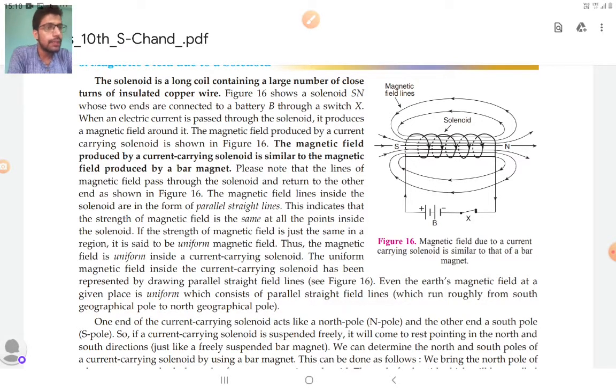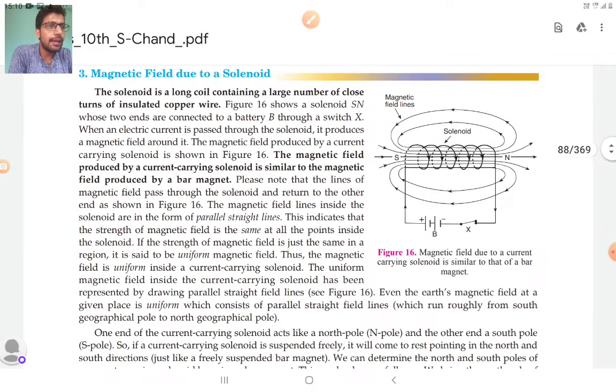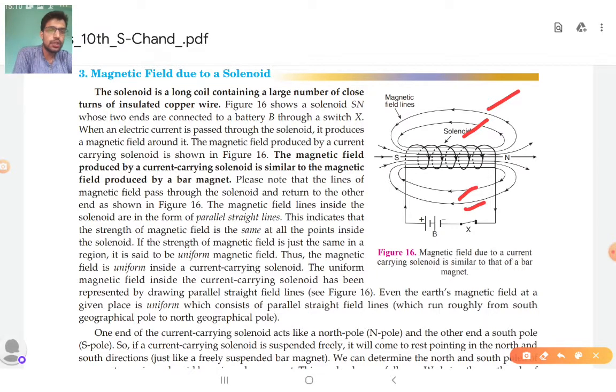We can see here there is a large gap between these magnetic field lines. It means that there is less magnetic field. So outside the solenoid, the magnetic field strength is weak, and inside the solenoid it is strong.